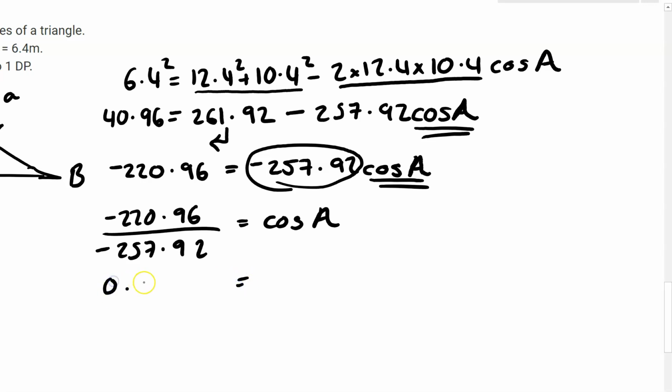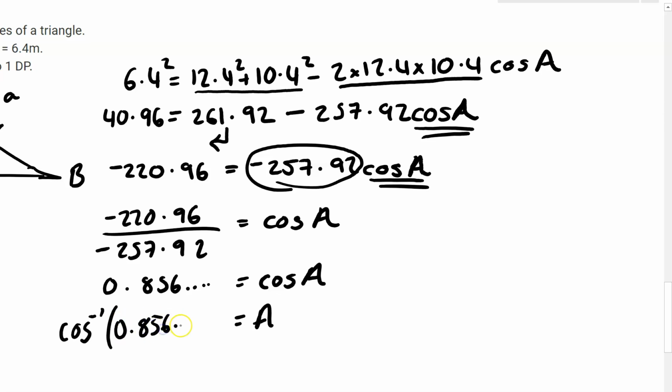We get 0.856... Again, I'm not going to round it because I'll end up with a rounding error. A is going to be cos to the minus 1 of this number that we've just found.